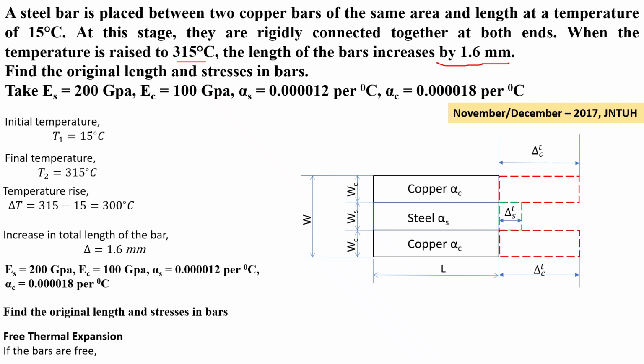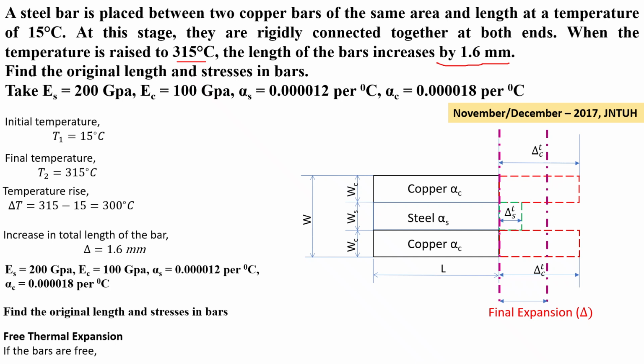Let's consider delta ST the free thermal expansion in the steel bar. Observe that the thermal expansion of the copper is greater than that of the steel, because the coefficient of thermal expansion of the copper is greater than the coefficient of thermal expansion of the steel.